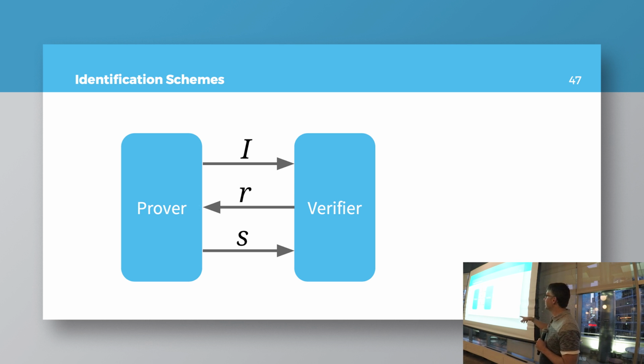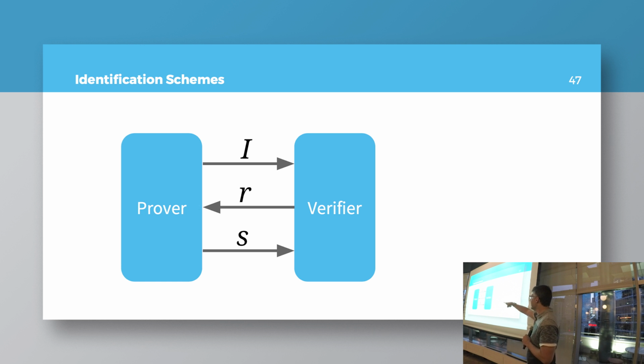So what happens is that the prover can use their private key to generate this random number called I. So it's not random. You pick it out of a sampling based on your private key, and you send that to the verifier. And then the verifier uses the public key, and it samples a number based on an algorithm that's again semi-random called R, and they send that to the prover.